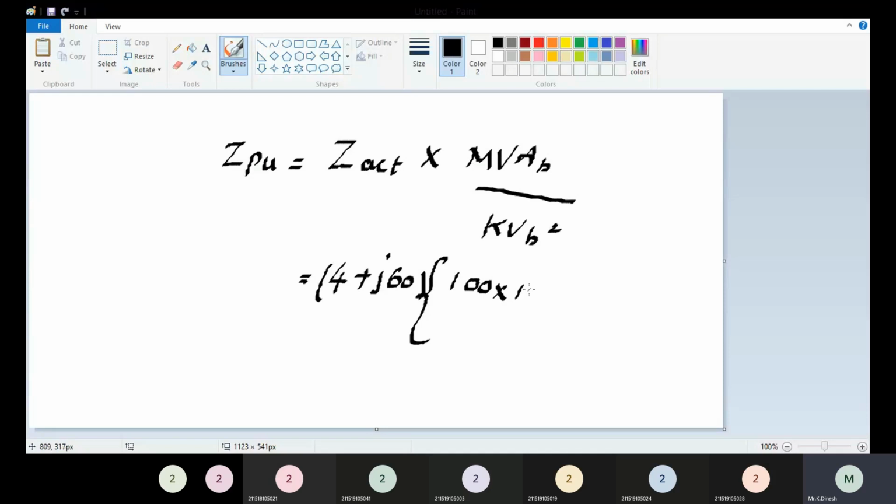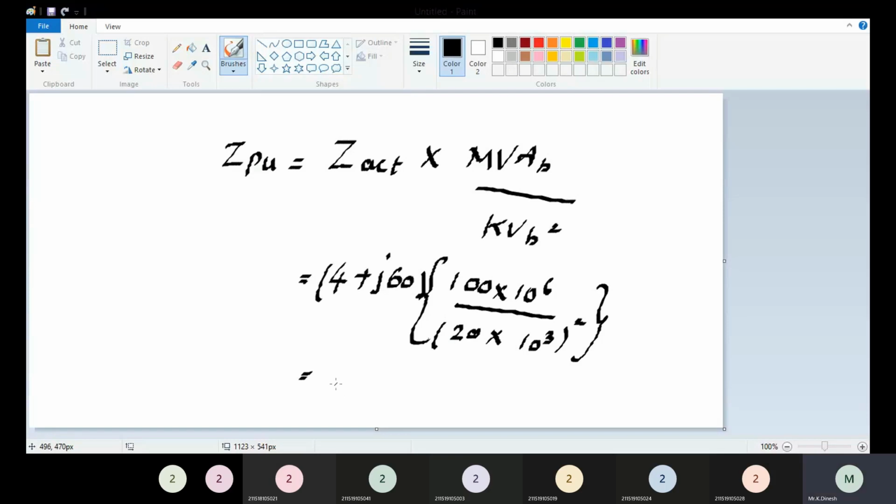That is 100 into 10 power 6, and the KVB is 20 into 10 power 3. Solving the values, 4 plus j60 multiplied with MVAB divided by KVB square, the 10 power 6 cancels. 100 by 20 is 5, so 5 into 4 plus j60.